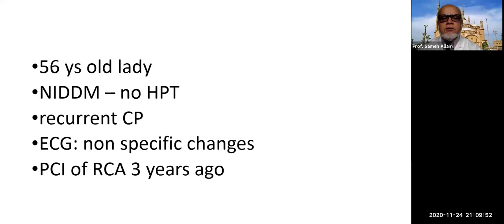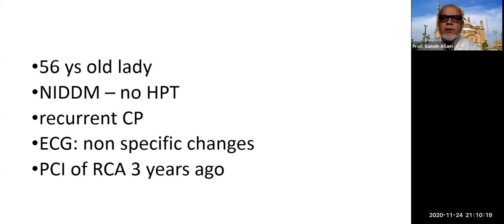She came complaining of recurrent chest pain with non-specific ECG changes, and enzymes were normal every time. The pain was not clearly related to effort, so I was not convinced that this is ischemic pain. Echocardiography did not show any regional wall motion abnormalities, and the left ventricular ejection fraction was normal.